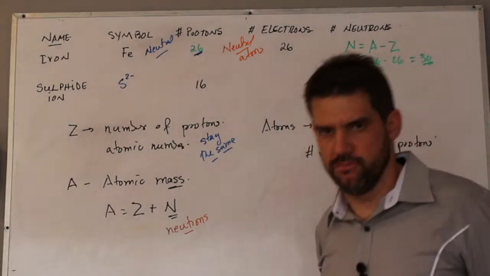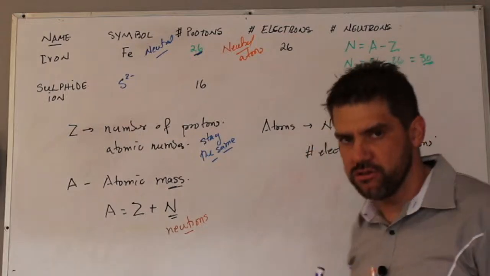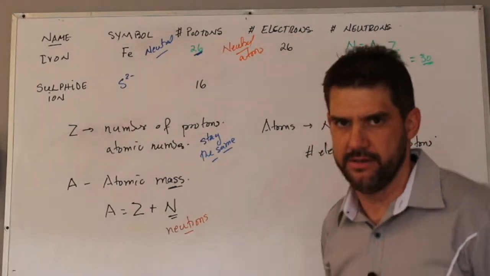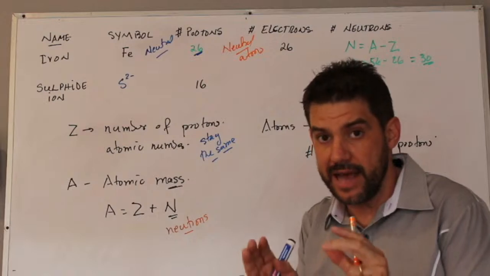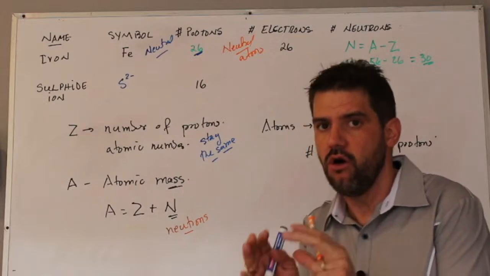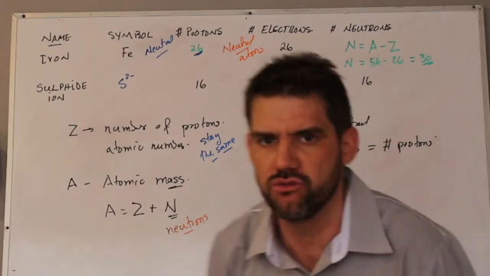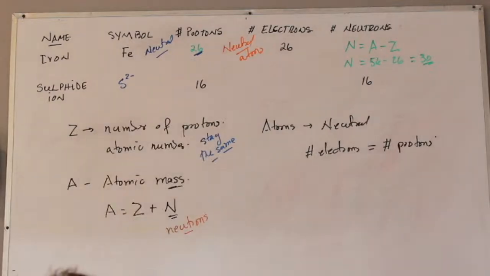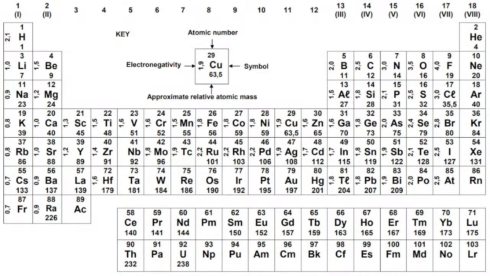All the atoms, as they are in the periodic table, are neutral. For instance, magnesium, element number 12, has 12 protons as well as 12 electrons, because it is neutral. Oxygen has 8 protons and 8 electrons.